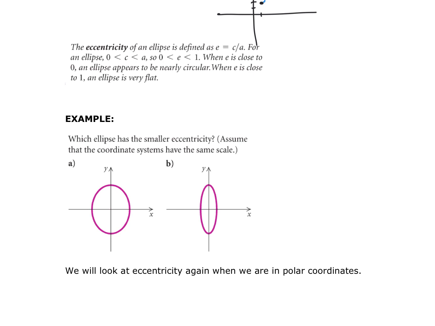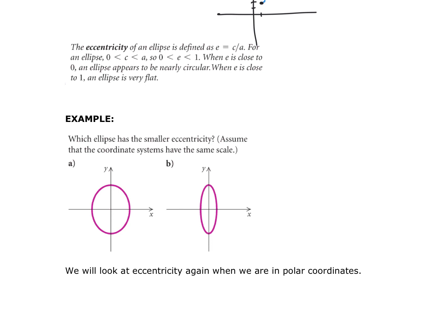Eccentricity is defined, for us at this point, we're going to continue to redefine a little bit, as the ratio of my c value, the distance from the center to the foci, divided by my a value, which is the distance from the center to a major vertex.